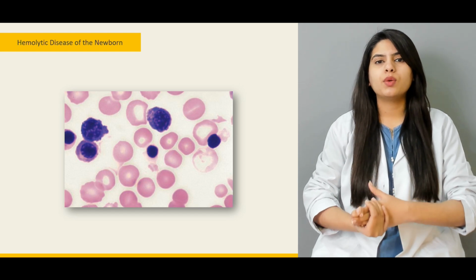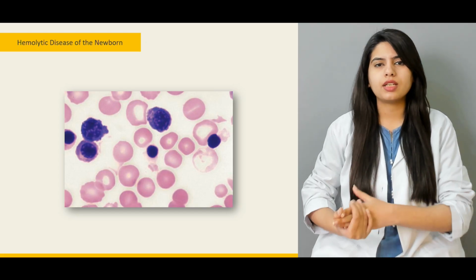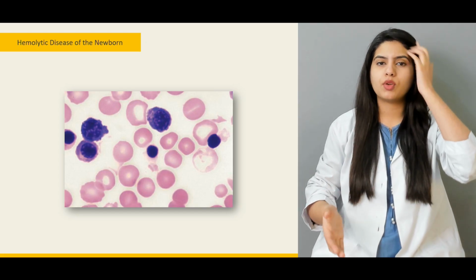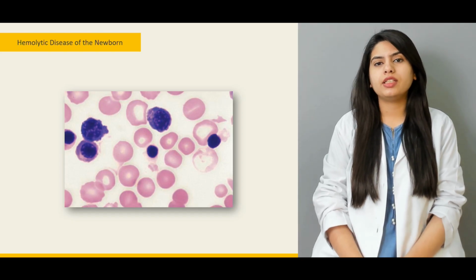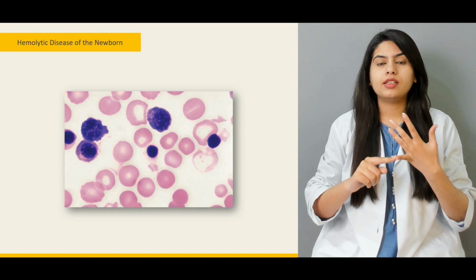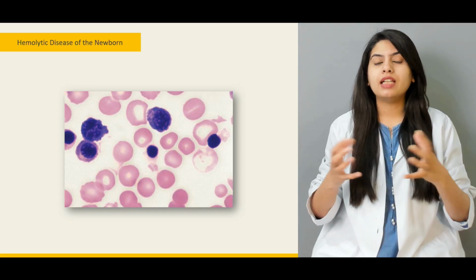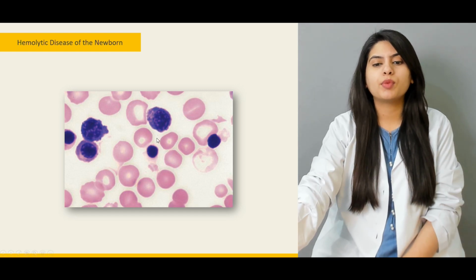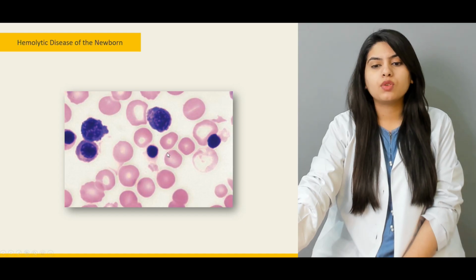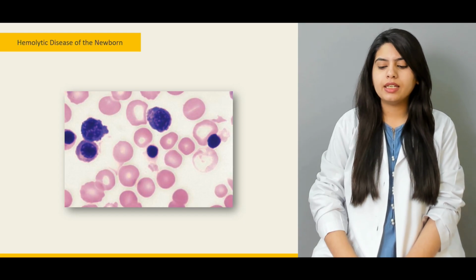And moreover, the antibodies that are produced in the Rh type of case are IgG antibodies. So in this condition, the hypochromic red blood cells that will be produced will be enlarged. Their size will be more as compared to the normal cells. There will be the formation of erythroblasts that will lead to hemolysis and will cause the hemolytic anemia.